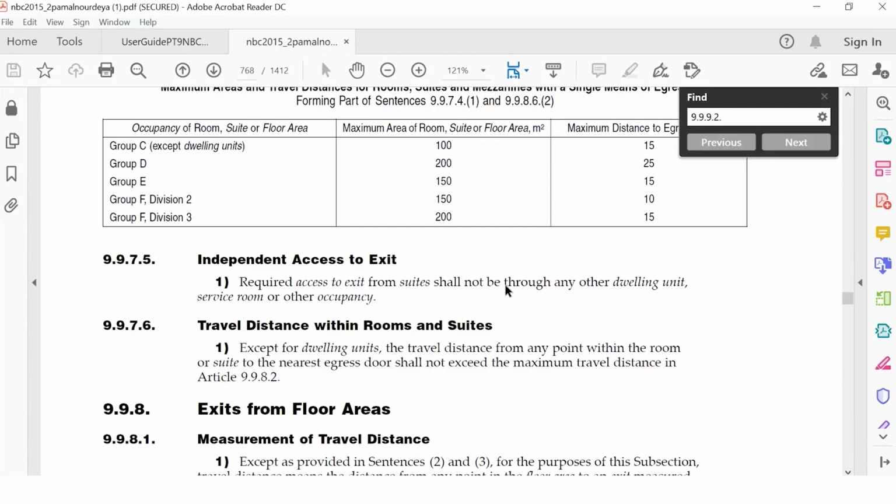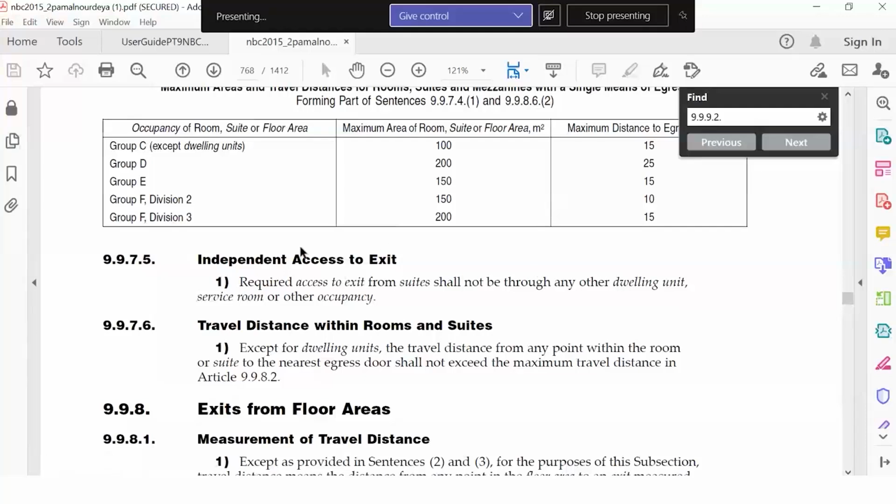Same thing, you cannot have your occupants go through the assembly areas in the building, or a cafeteria that serves only the residential occupants of the building, or through service rooms. So this is independent access to exits. You've got to be careful with that.